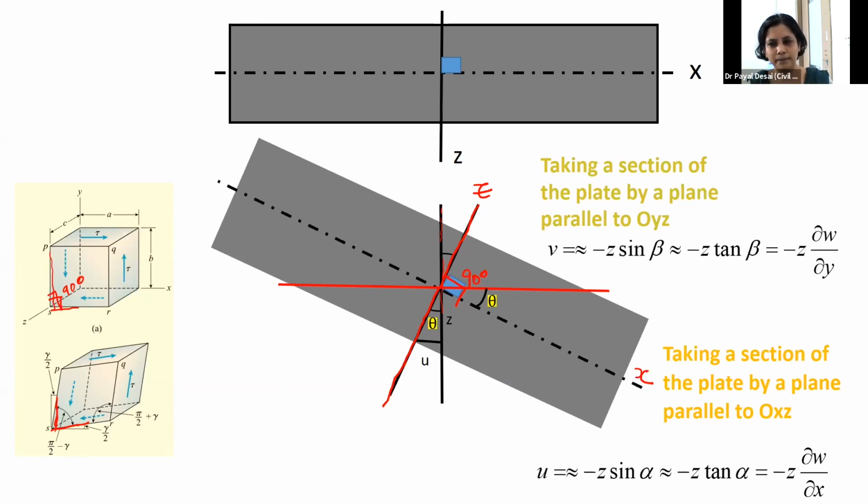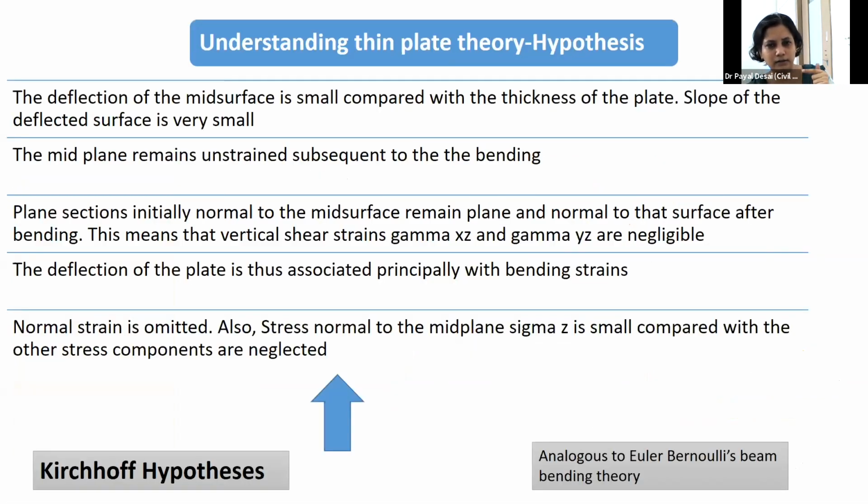And similarly here, the second assumption, that is, plane section initially normal, meaning 90 degrees, to the middle surface remains plane and normal, 90 degrees, even after the bending, after the deformation.